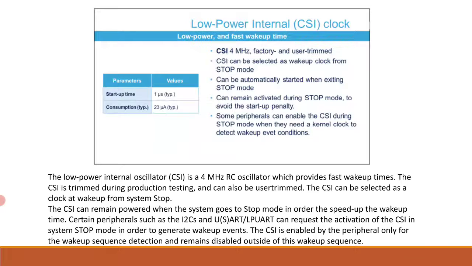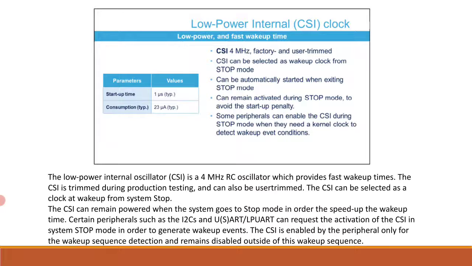The CSI can remain powered when the system goes to stop mode in order to speed up the wake up times. Certain peripherals such as I2C, USART and LPUART can request the activation of CSI in the system stop mode in order to generate wake up events. The CSI is enabled by the peripheral only for the wake up sequence detection and remains disabled outside of this wake up sequence.